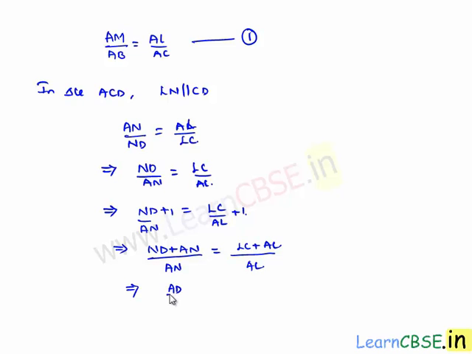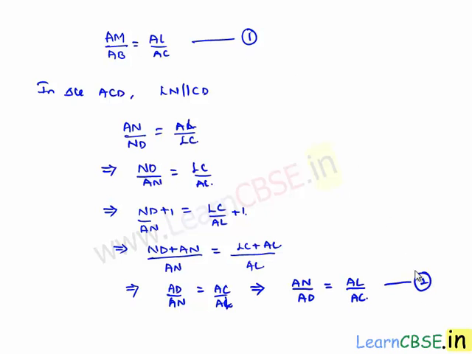So AD by AN is equal to AC by AL, which implies, let us convert the ratio, then we get AN by AD is equal to AL by AC. Let us name it as equation number 2.